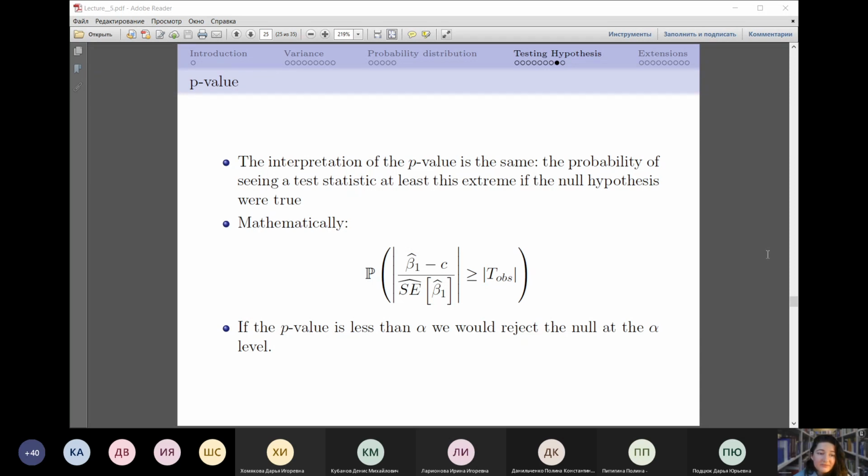Yes, Miroslav? Well, it is the probability of rejecting the null hypothesis when it is true. Absolutely right. And Arozhan, you're also right: rejecting the null hypothesis when this null hypothesis is true.